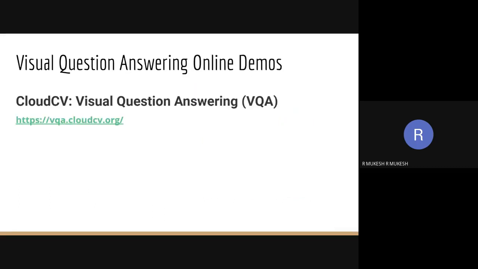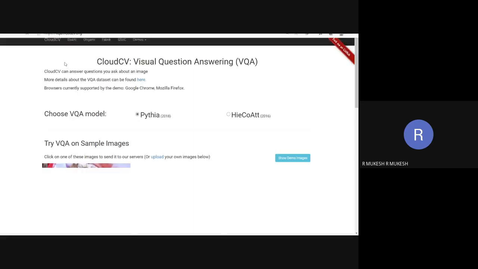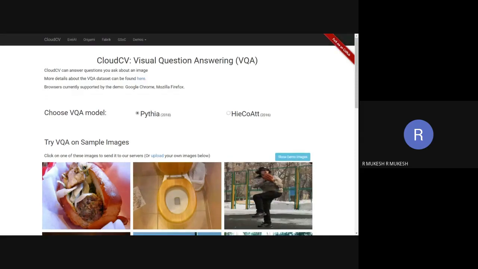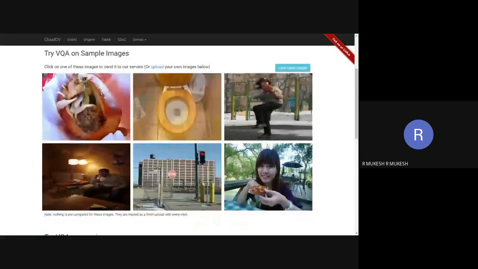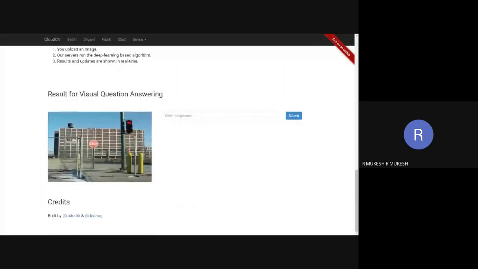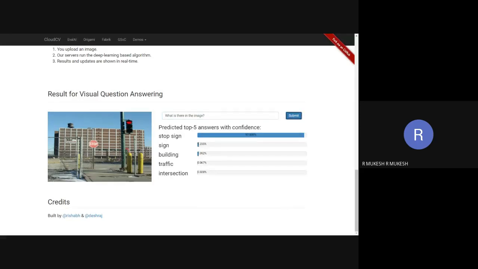There is also a demo available with this, just to show the power of NLP and deep learning for a lot of tasks. You can just click any of the images. These are all public demos which are there. You can ask questions, what is there in the image? And it should be able to retrieve one-word or two-word answers for these, right? It says a stop sign is in the image.